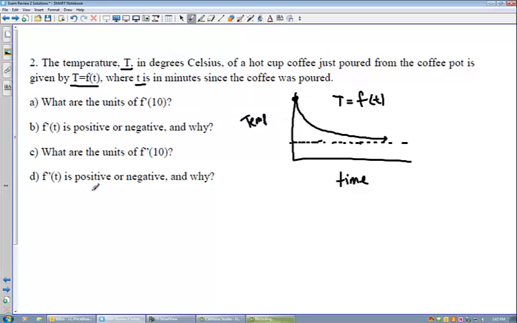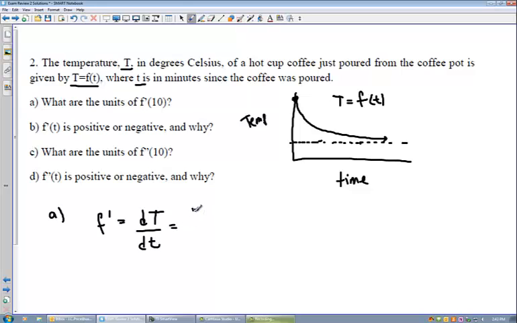And so what are the units? Let's go through this, part A. What are the units of f prime of 10? Okay, I say derivative, you say rate of change. So f prime is really dT, dt.